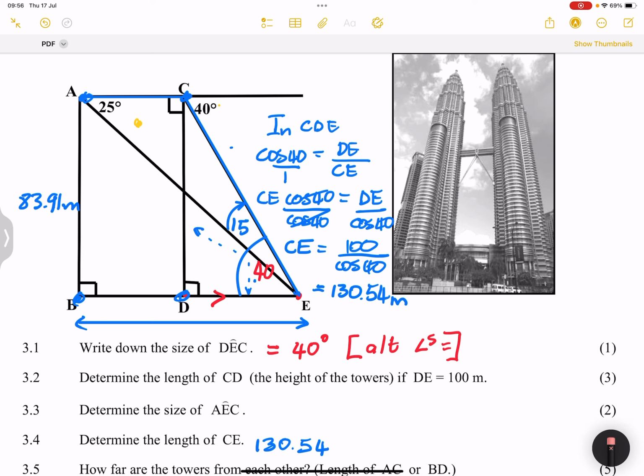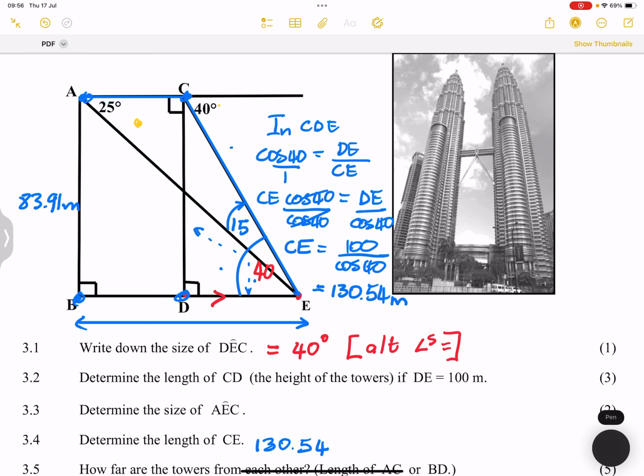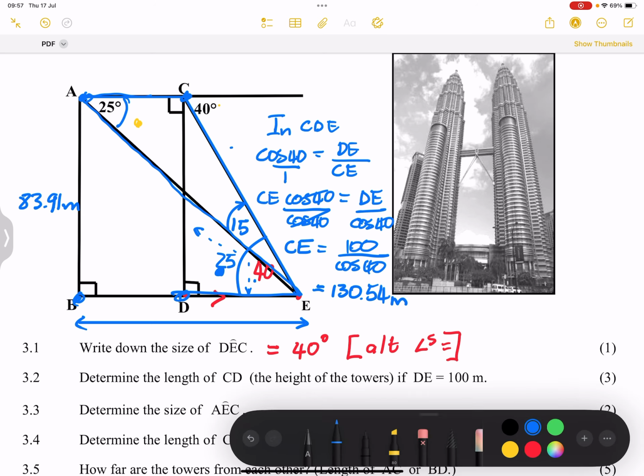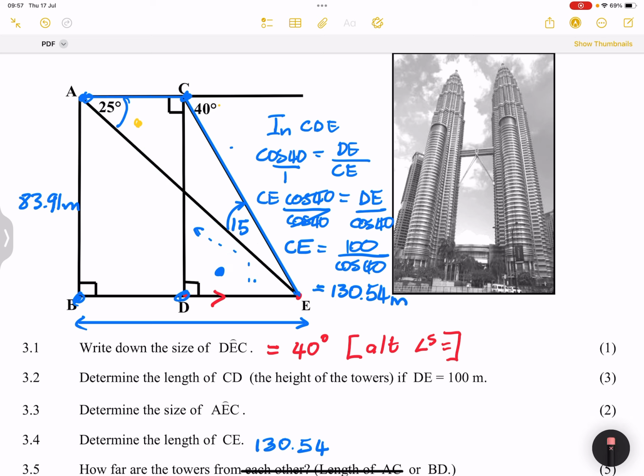So I want you to note in this case, this angle over here would be 40 minus 15, which is 25. But it also is an alternate angle. So this is 25 degrees inside there. So in this triangle inside here, this guy is 25 degrees.